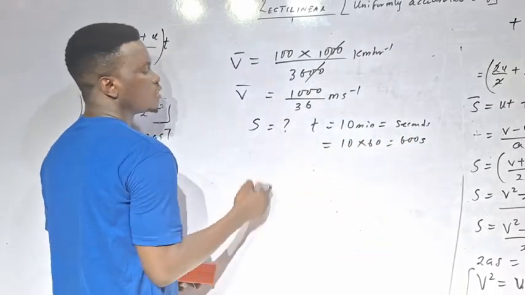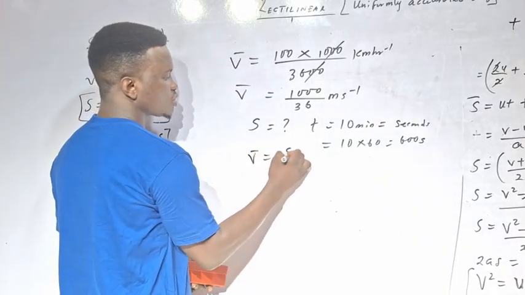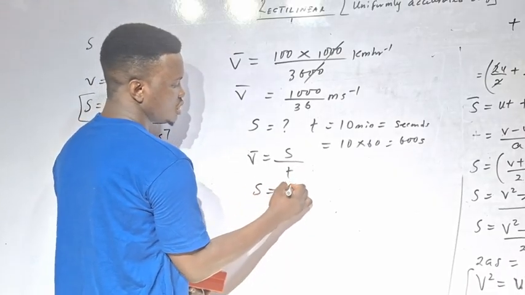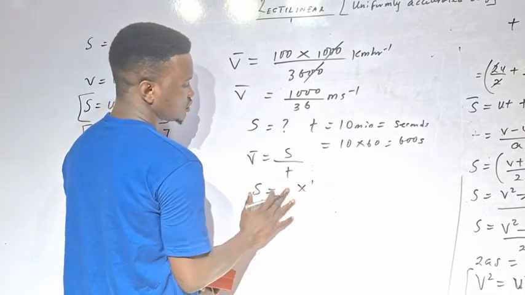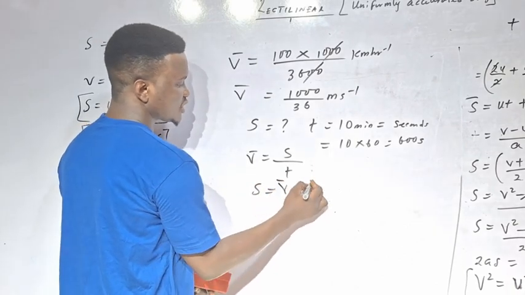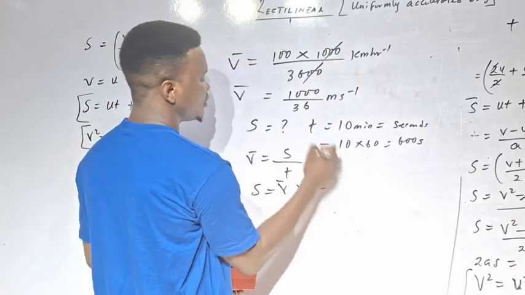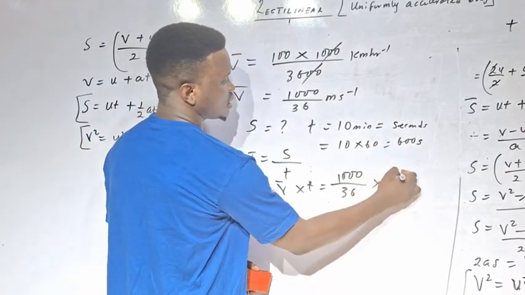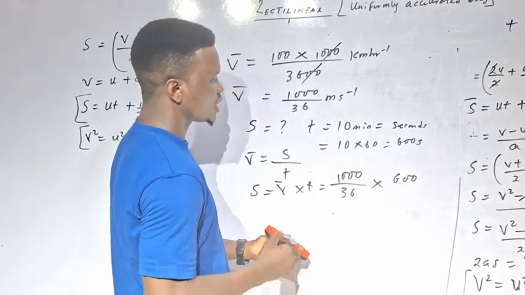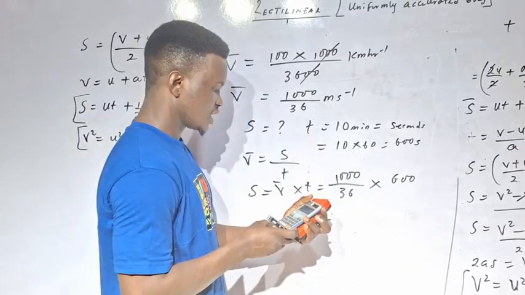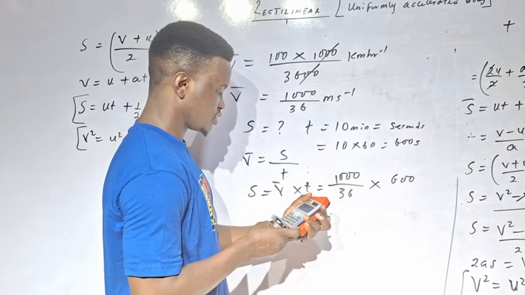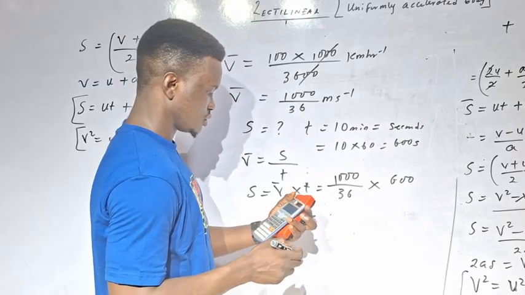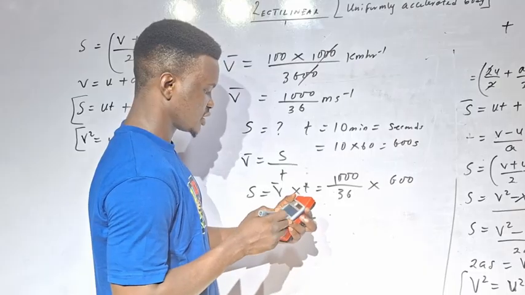Now our average speed is total distance covered over total time taken, so distance is going to be average speed times time. What's our average speed? That's 1000 over 36 times 600. So let's see what that value is. That's 1000 times 600 divided by 36, so that's going to be 16,666.